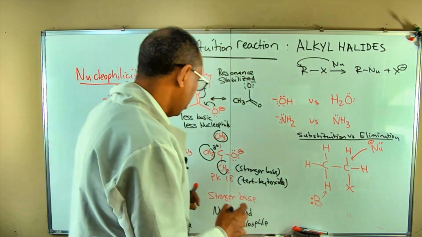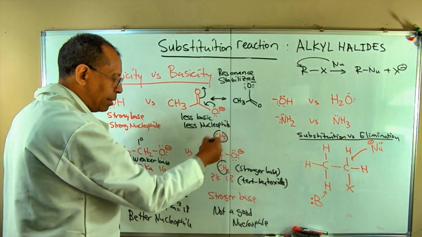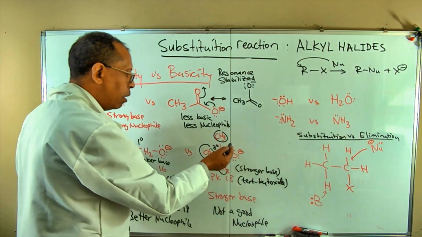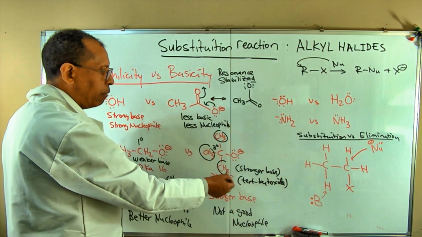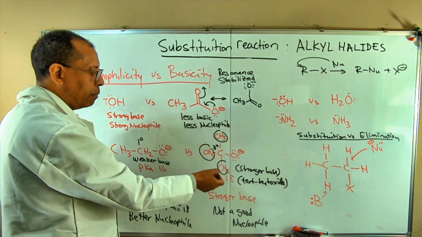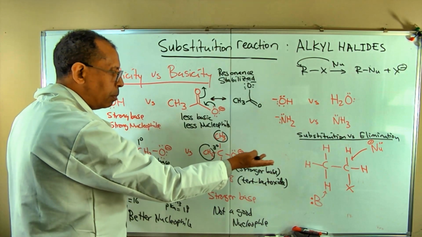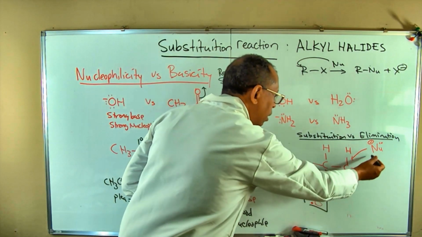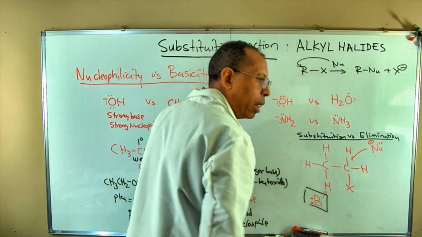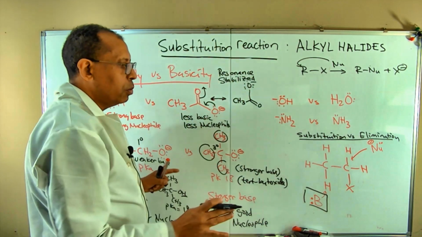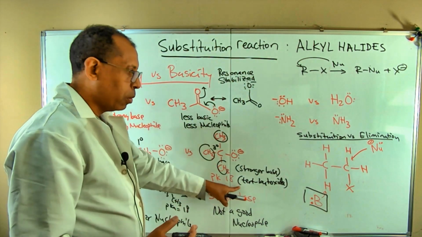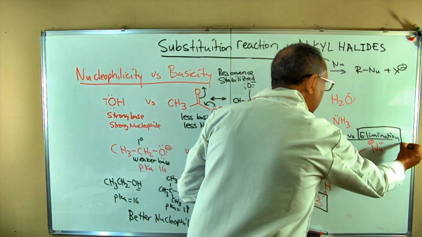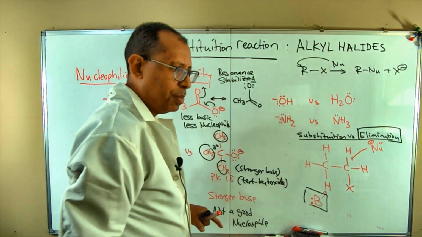So when you are running a substitution reaction, if you use this kind of alkoxide, butoxide in your system, it rather acts as a base than just kicking out that X. So it doesn't do that. It rather acts as a stronger base. So it does elimination rather than substitution.